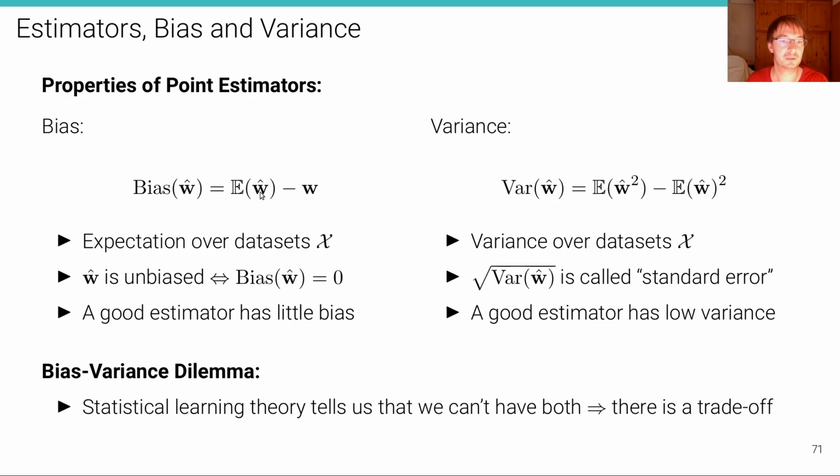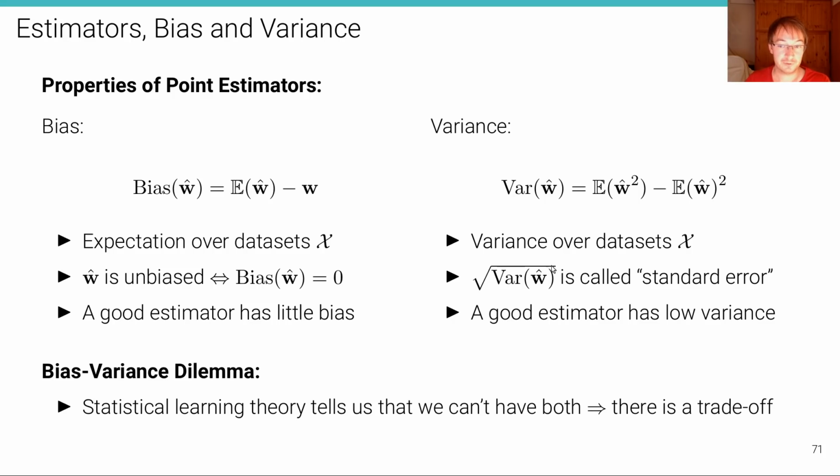So this is how, in expectation, the point estimator deviates from the true parameters. And this expectation is over all the possible datasets that we can draw from the data distribution. We say that this point estimator is unbiased if the bias is 0. A good estimator has little bias. On the other hand, we have variance. The variance of a point estimator is simply the variance over these estimates W hat over all datasets X. This is just how we can express variance in terms of expectations.